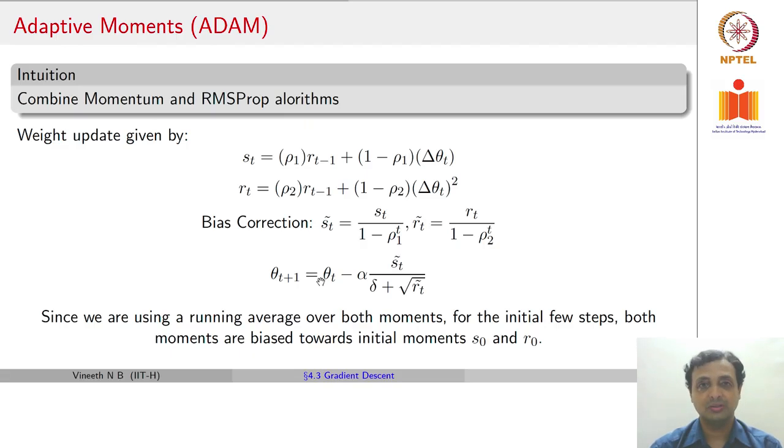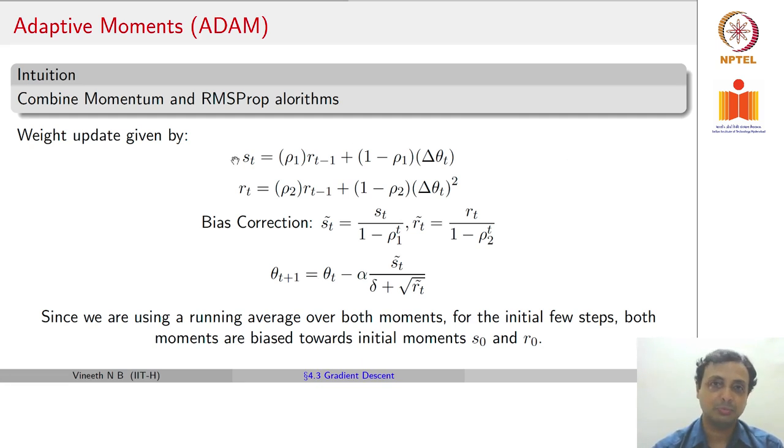The most popular algorithm that is used for training neural networks today for adapting learning rates is known as Adam, or adaptive moments. Adaptive moments uses a simple intuition of combining ideas of RMS prop and momentum in a way. Let's see how that is done.